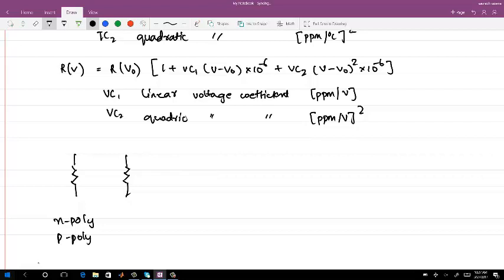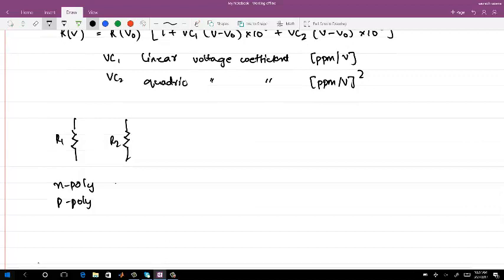I can use either of these. This is R1 and R2, and N poly has a positive temperature coefficient, and P poly has a negative temperature coefficient TC1. If I want a matching between R1 and R2, what should I choose as a material for them?